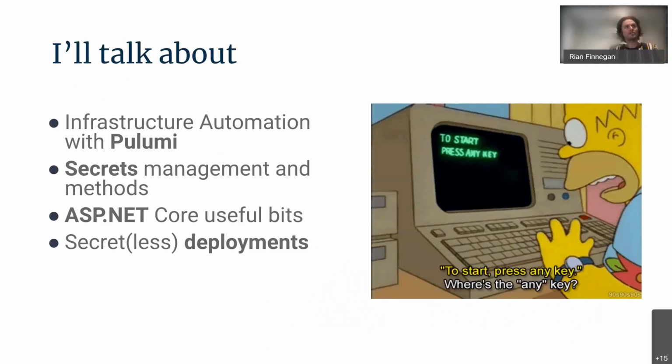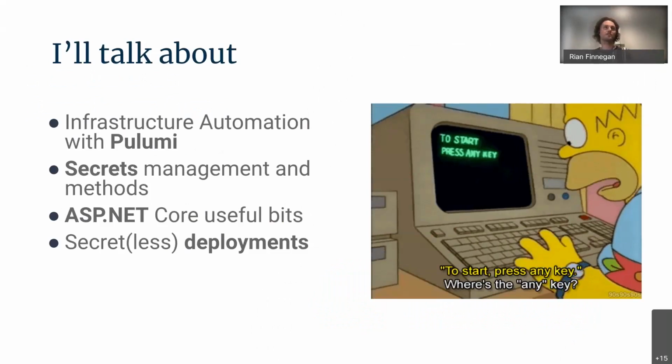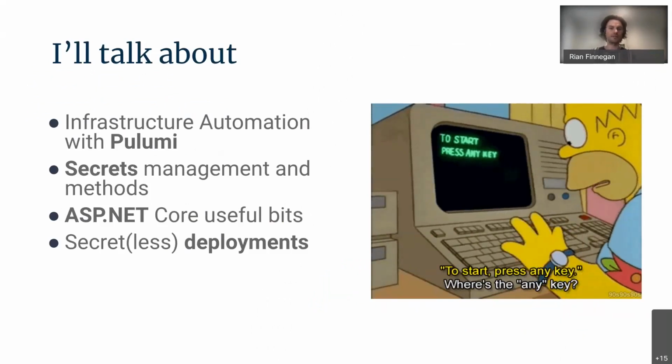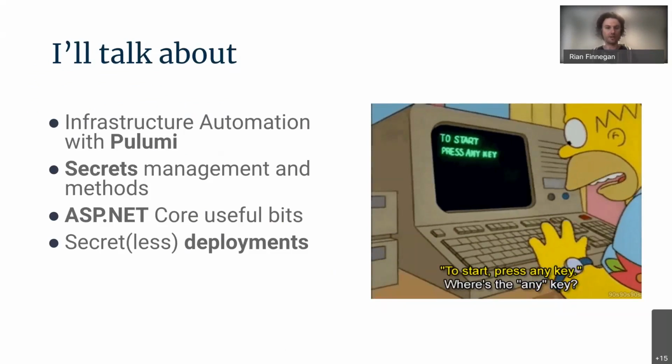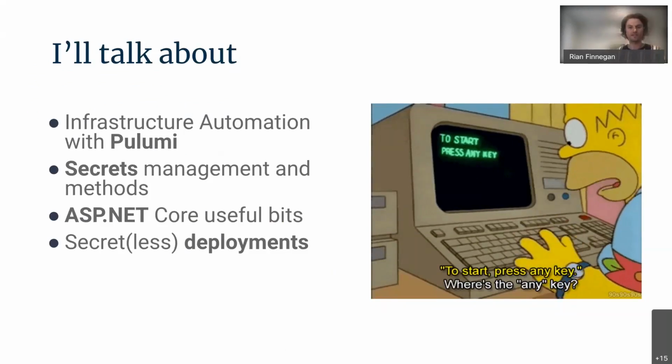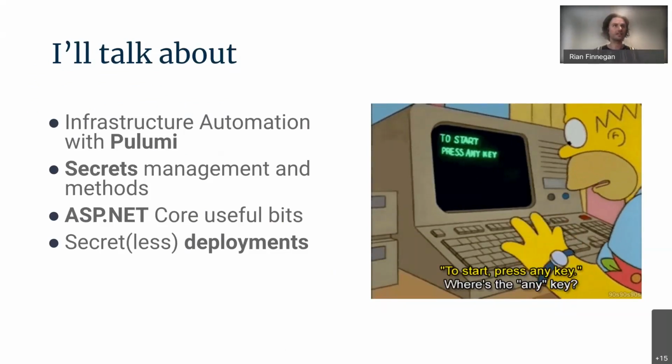So what are we going to talk about? Firstly, we're going to talk about what infrastructure automation is and how to do it with Pulumi. I'll run through a demo of Pulumi halfway through this presentation. Then we're going to talk about secrets management, and some methods you can use to manage your secrets.